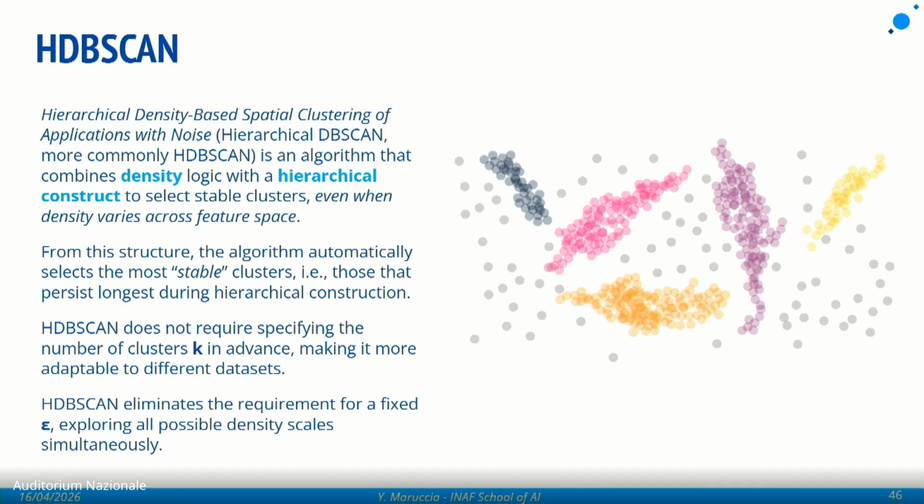In fact, from these structures, we can see that the clusters are 5, and HDBSCAN tries to select these clusters based on how stable they are.